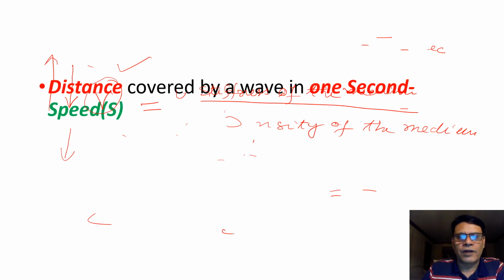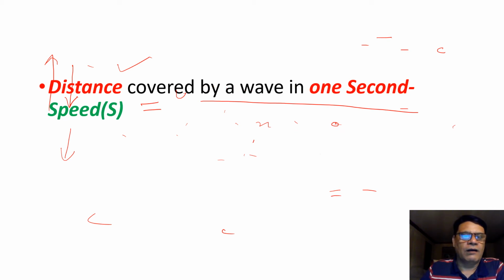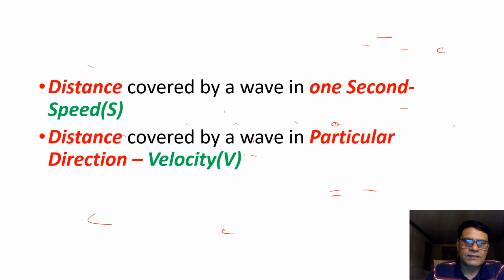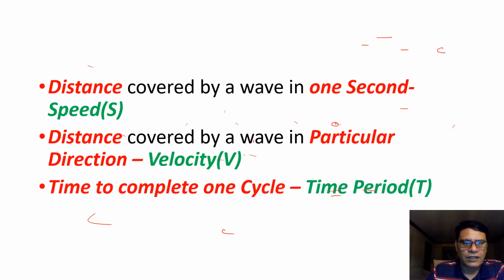So we have already discussed that the distance covered by ultrasound waves in 1 second in any direction is called speed, and the distance covered in a particular direction is called velocity, and the time to complete one cycle is called the time period.